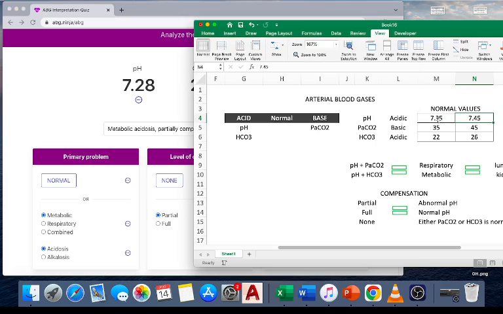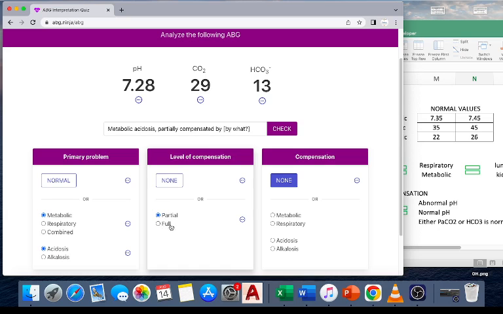Had it been within this normal range, we would answer full, because that means the compensation has been able to correct the primary problem. Here it's still outside normal limits, so it's partial compensation.